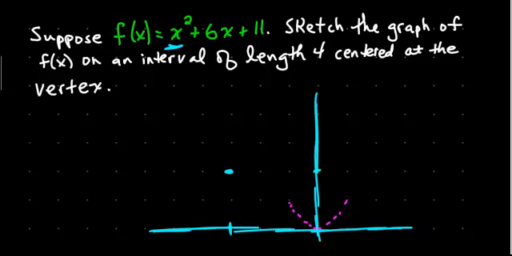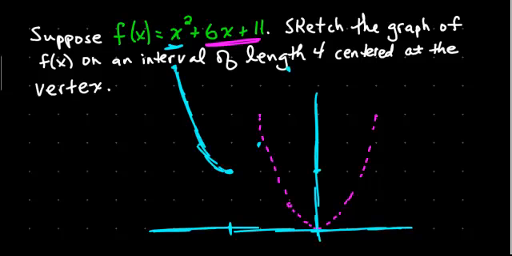Let's see, it goes over 1, up 1, over 2, up 4. That's the regular x squared. And this 6x plus 11 all did was scoot it to the left 3 and up 2. So now this thing looks like, I go over 1, up 1, over 2, up 4, up in there somewhere, and on the other side the same, and we sketch the graph.